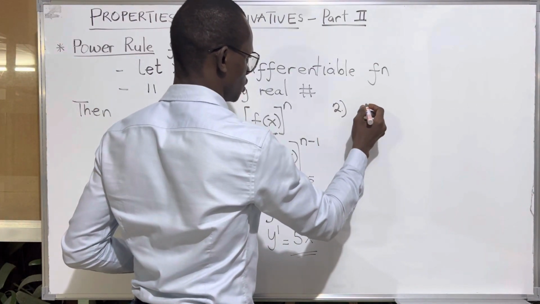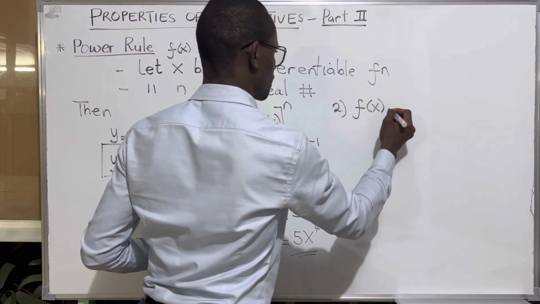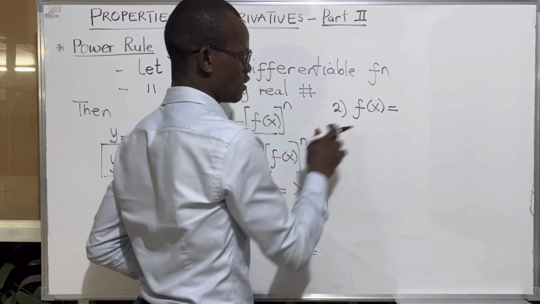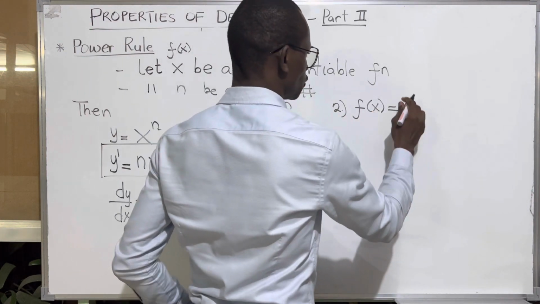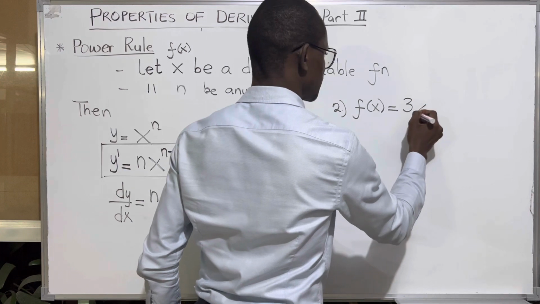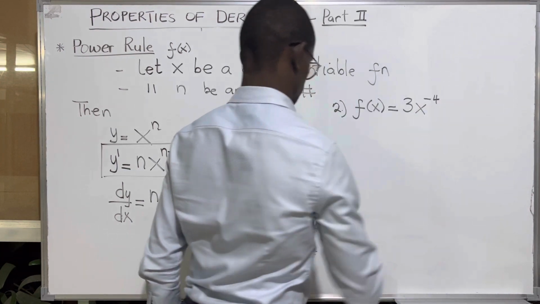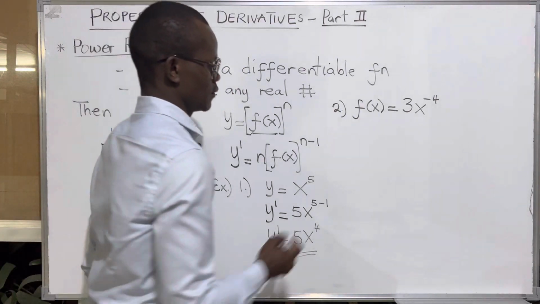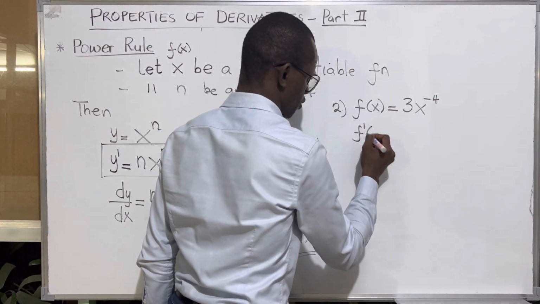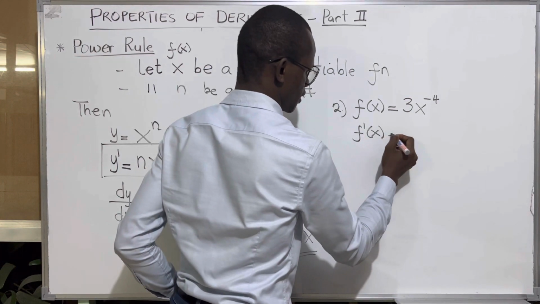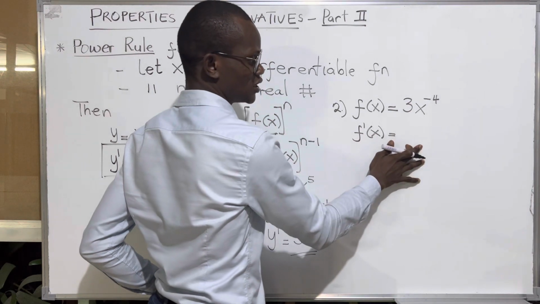Question 2. Let's say f of x is equal to 3x raised to the power minus 4. To solve this, we say f prime of x. Whenever you see this notation, it means the problem has been differentiated.